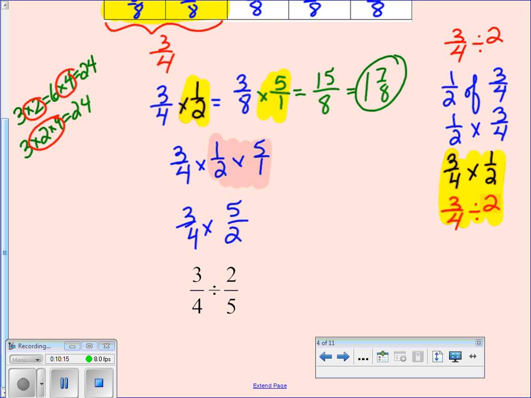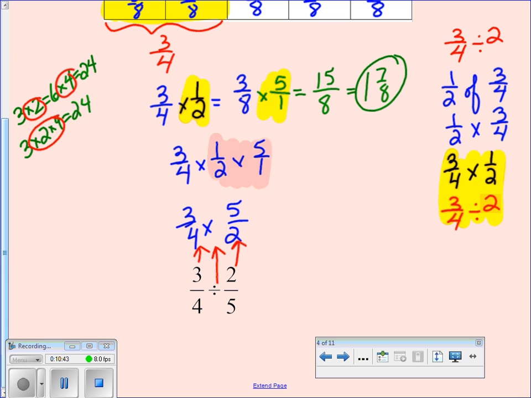So we kept our first fraction, changed the division to multiplication, and flipped. I don't like that word. Flipped. So you mean to tell me that dividing by a fraction is the same thing as multiplying by the inverse?